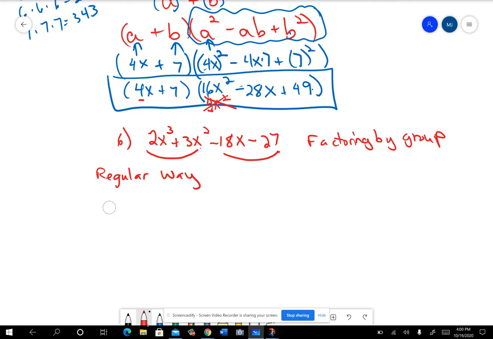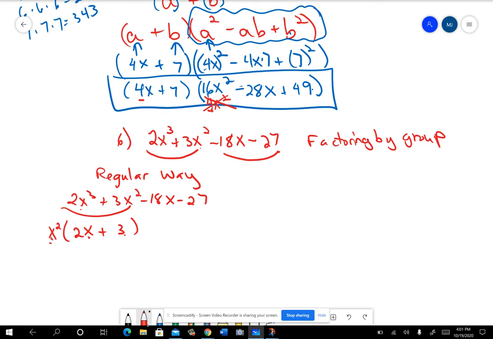Here, let me rewrite the problem here. 2x to the third plus 3x squared minus 18x minus 27. Okay. So you'd pair the first 2. You'd get the biggest thing you can that's common, which is x squared, and then you'd see what's left. 2x times x squared would give me that, and 3 times x squared would give me the second term.